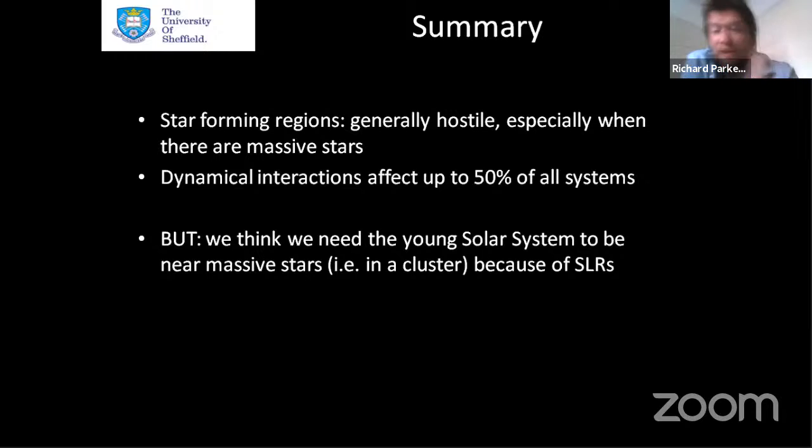But as I mentioned at the end, we think that the young solar system must have been fairly close to massive stars in order to get the quantities of aluminium-26. The measurement of iron-60 is a little more controversial, but certainly the aluminium-26 appears to be a necessary ingredient in the formation and evolution of the solar system.